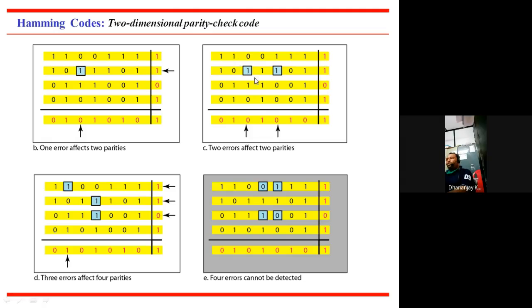Similarly, if 2 bits get affected or changed, that error will also be detected in a block parity check. Similarly, if 3 errors occur, that also will be detected, and the guarantee can be given for error finding for 3 errors in this kind of parity check method.